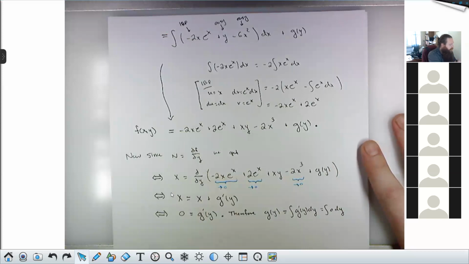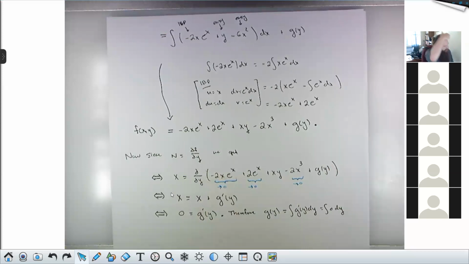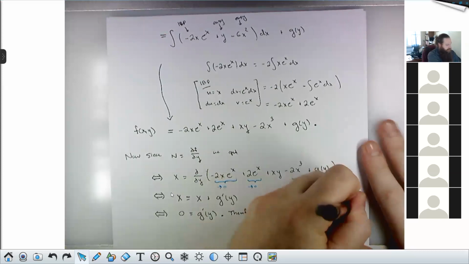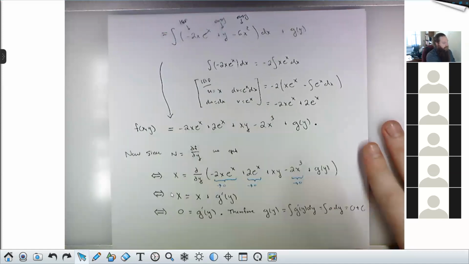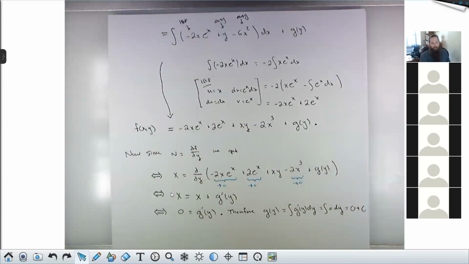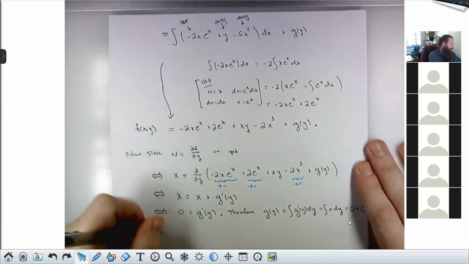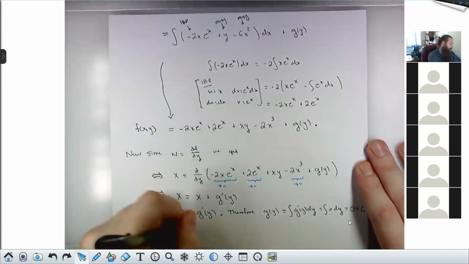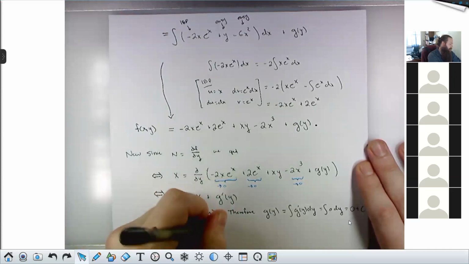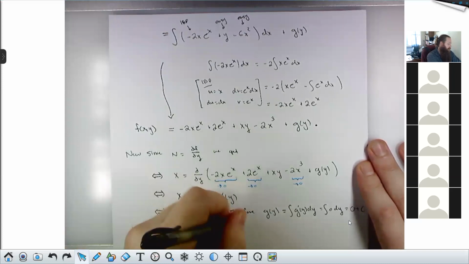That's what I want to say. 0 plus a constant, right? I should be careful here. It's an indefinite integral. So this is 0 plus c. In other words, the type of functions who have derivative equal to 0 are the constant functions, i.e. g of y equals c is a constant function.